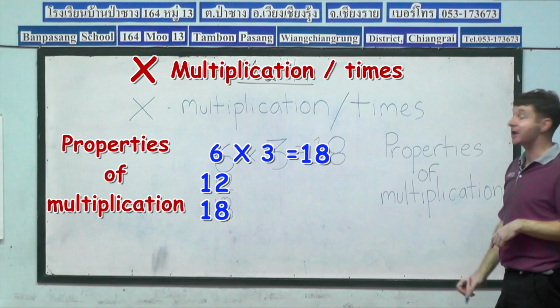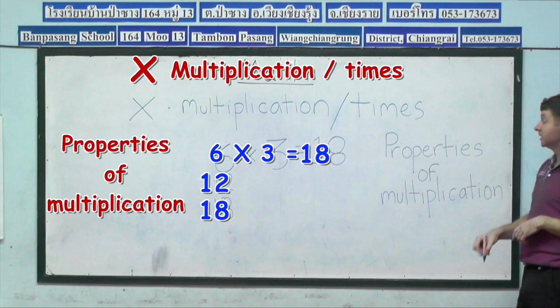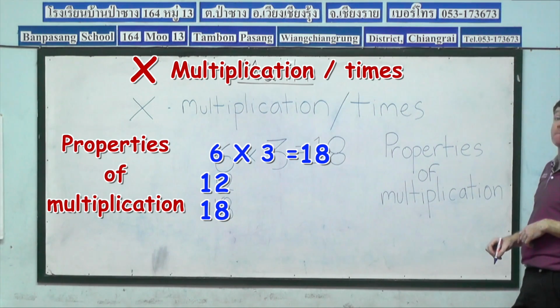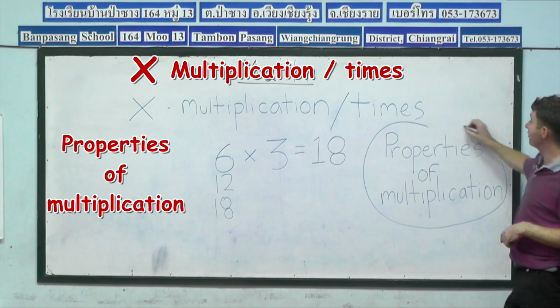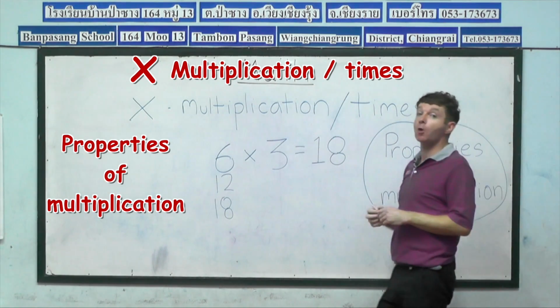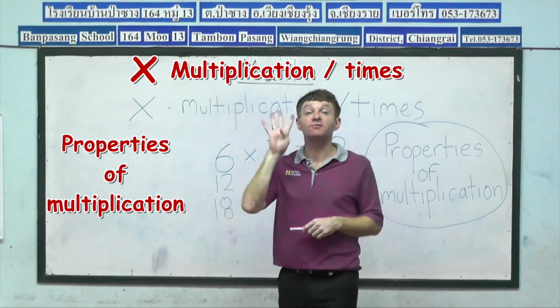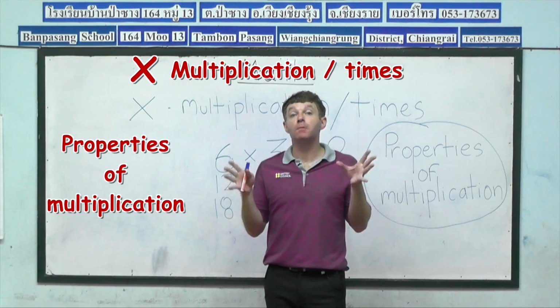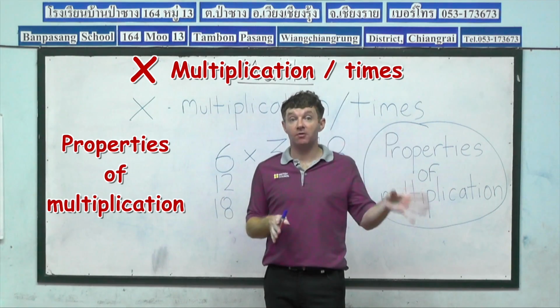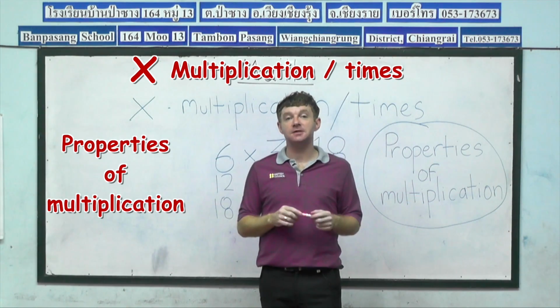So altogether, properties of multiplication. And this is the basis of today's lesson, because what we're going to be learning about is 4 different properties, different ways in which multiplication sums can provide us with the same answer.